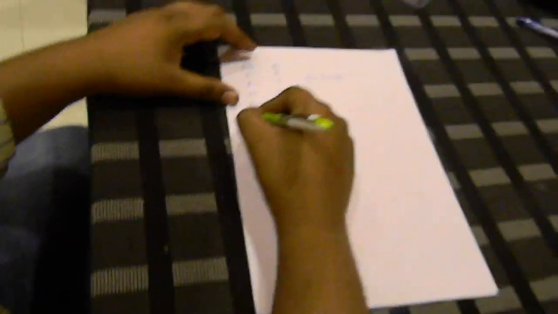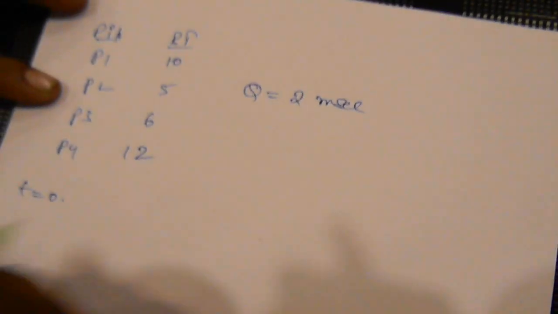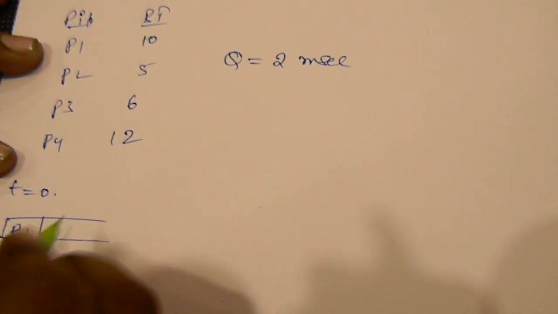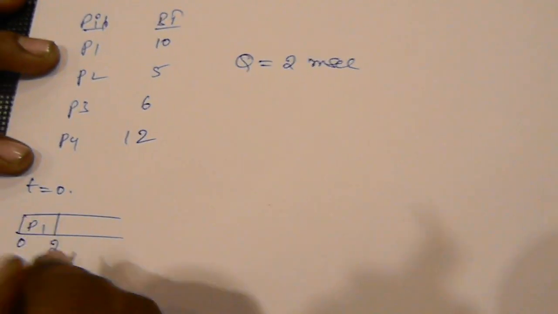Now at t equals 0, all these are in the ready queue with burst times 10, 5, 6, 12. Now P1 enters execution and completes execution up to 2 milliseconds.